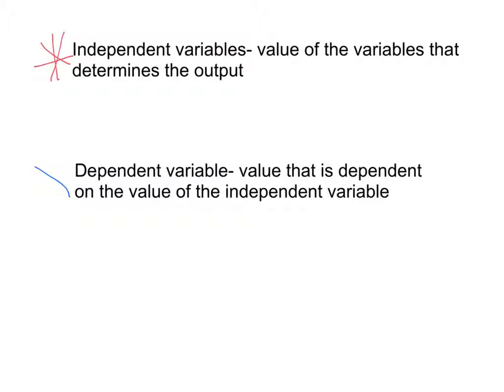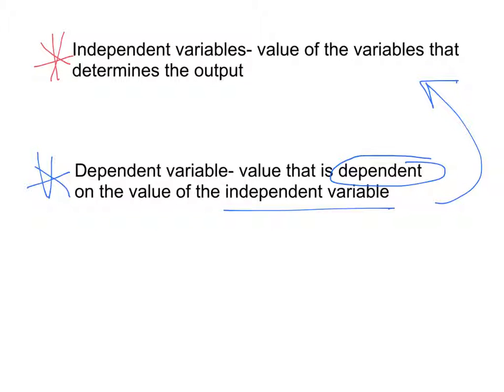The dependent variable is a value that is dependent on the independent variable. So this number is dependent upon this number because whatever you do to the independent variable gives you the dependent variable.